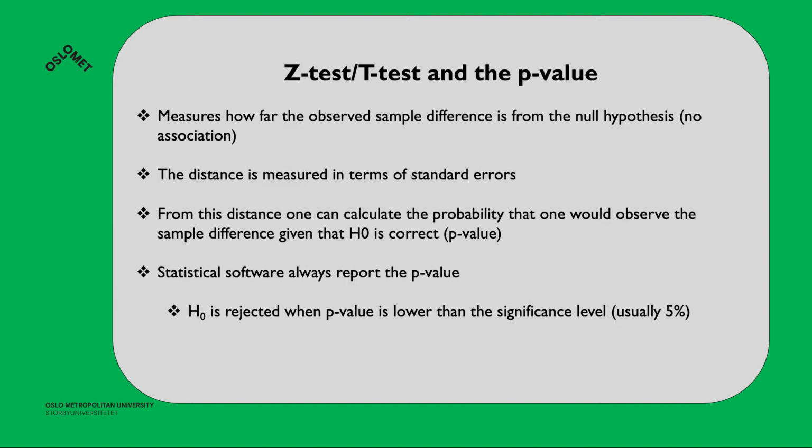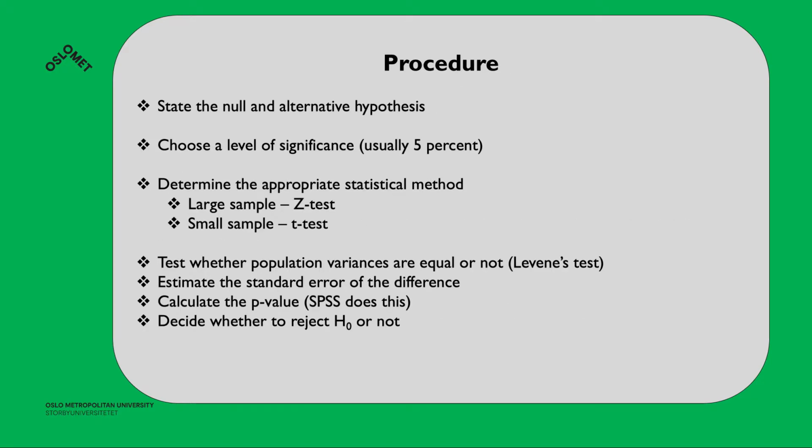usually 5%. So the procedure is, you state a null hypothesis and an alternative hypothesis, you choose the level of significance, usually 5%, you determine the appropriate statistical method. If it's a large sample, you use a z-test, if you have a small sample, you use a t-test, and when you're going to test the difference between two means, using a z-test or a t-test, first you have to test whether the population variances are equal or not.